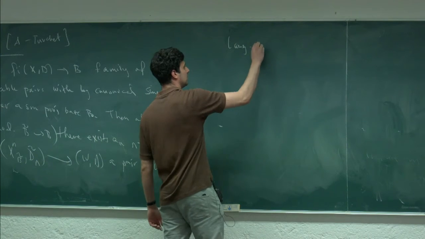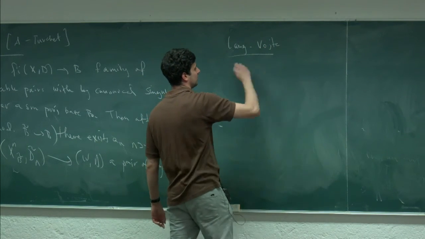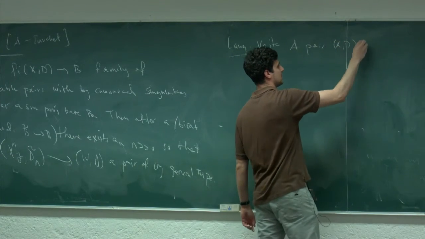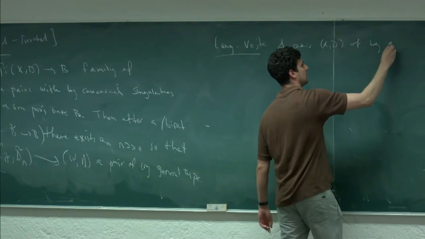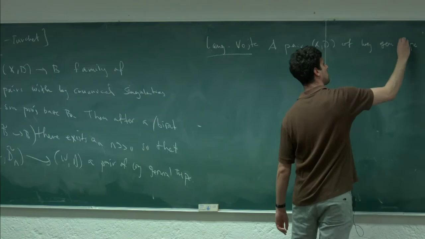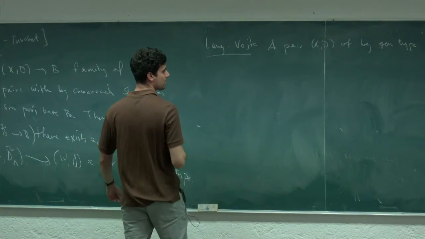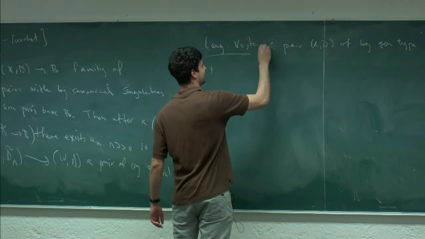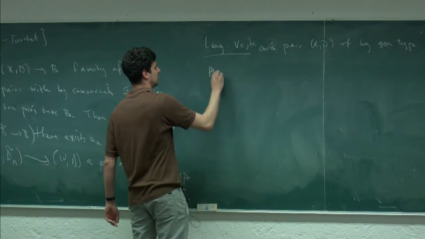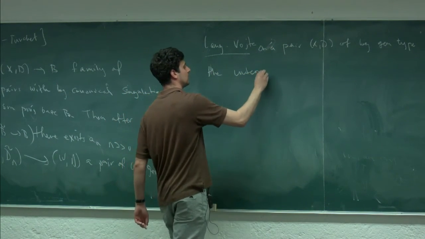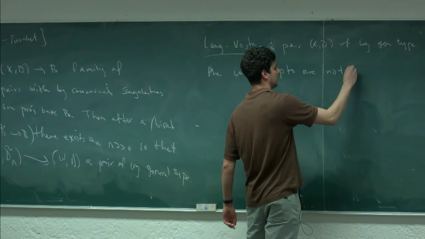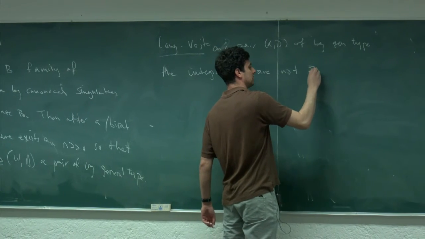So first, Lang-Vojta says a pair (X, D) of log general type, the integral points are not Zariski dense.